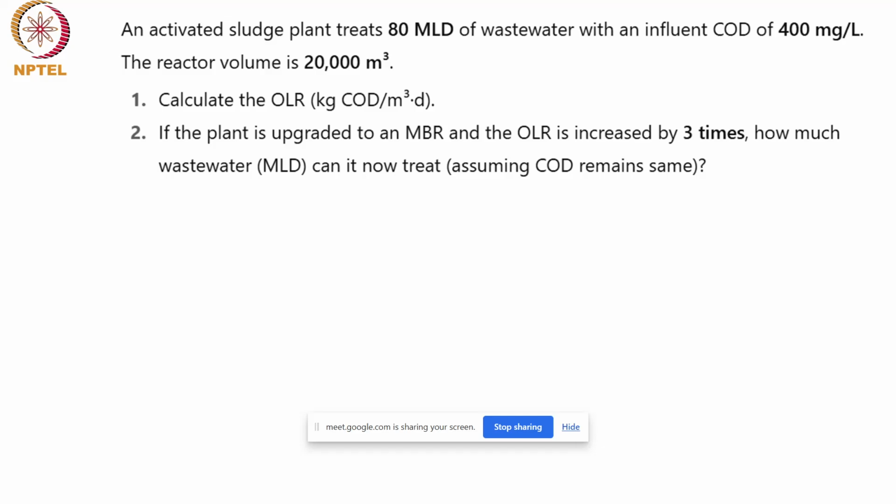Can you tell me the answer quickly? 1.6. Yes, it's 1.6 kg per day per meter cube.